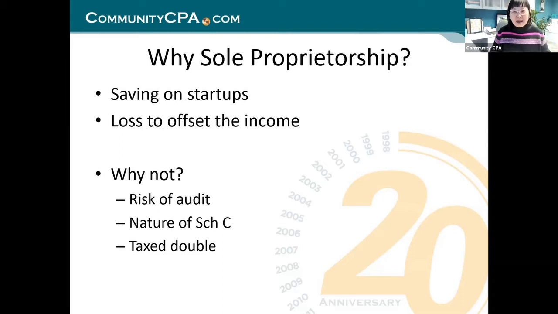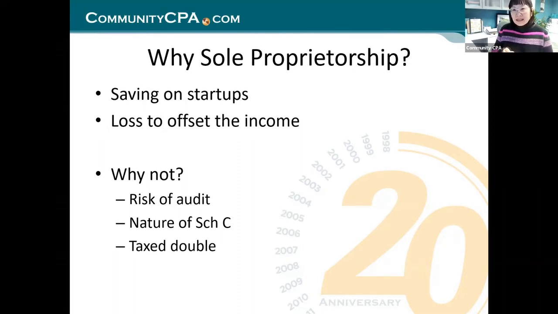But say you were collecting stamps in the past and you want to make that a business, no, that would become a hobby. The nature of Schedule C so easily becomes a hobby, and that is what the IRS is also looking at. If you think this looks like a hobby but it's really not, then you probably shouldn't be running it as a sole proprietorship. And sole proprietorship income is taxed double.